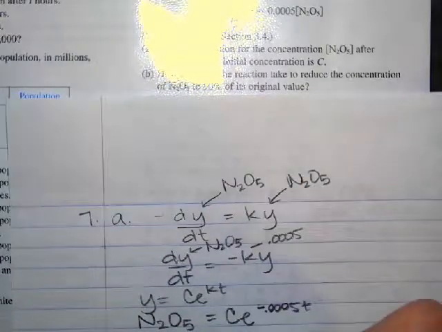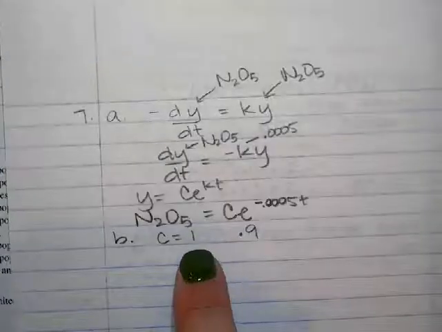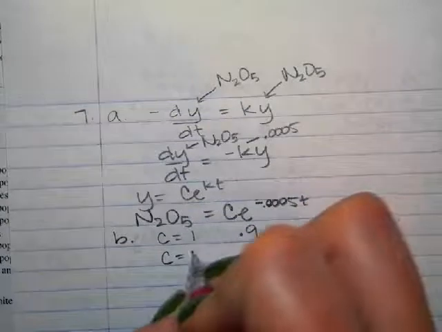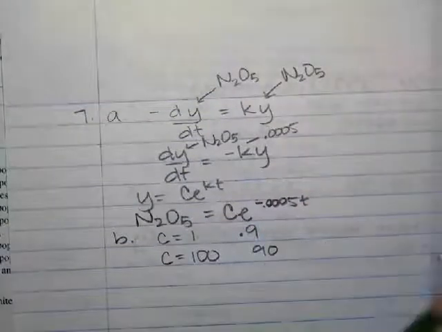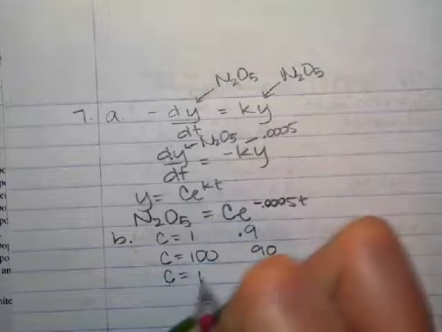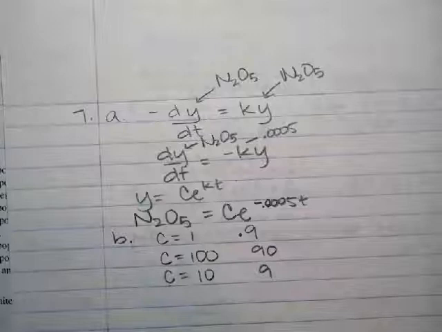Does that make sense? Or you could do C is 100 and then do 90. Or you could do C is 10 and then do 9. See how I'm kind of writing different pairs? So this is where we're doing 100% of something as my initial value and then 90% as my next value. Does that make sense?